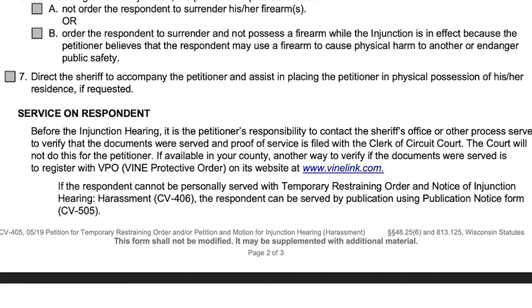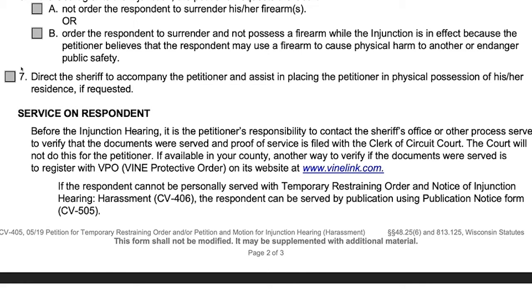Paragraph 7. This is where you would ask the court to direct the local sheriff to accompany you and assist in placing you in physical possession of your residence if requested. So let's say you lived with someone and the two of you had just a terrible fight that got physical, but it's your name on the lease and they won't leave the apartment.